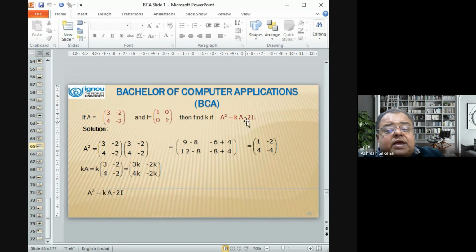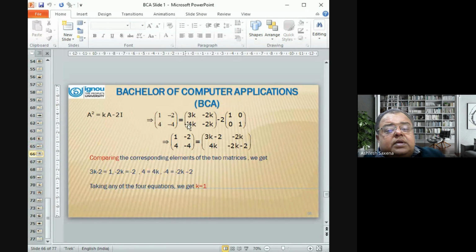Go back to A. Multiply k with every element of A. It will become 3k, minus 2k, 4k, minus 2k. Go back to this problem. Write all the values. This is A square is equal to k times A. You have already calculated minus 2 into identity matrix.